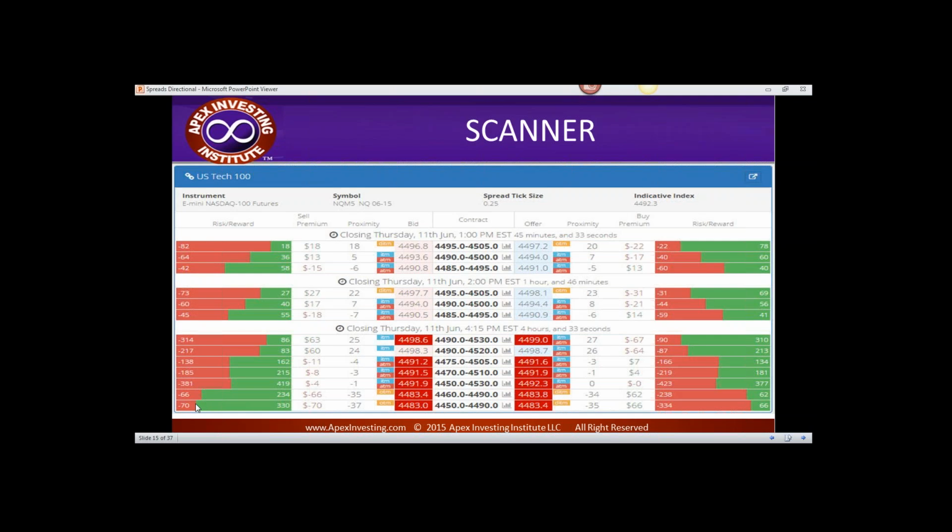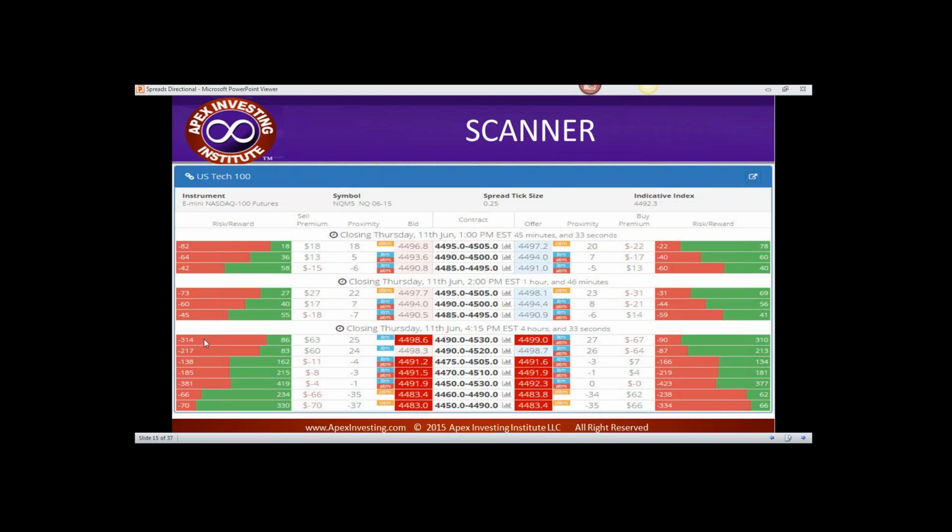That means my max from the ceiling, from where I'm selling it to, is 70 pips. So the amount that I've got to put up for margin out of my Nadex account is 70 bucks to enter that trade. Or this one here, 314 bucks. So I'm going to have to put up that much to get into this spread. And it's going to say that's my max risk.